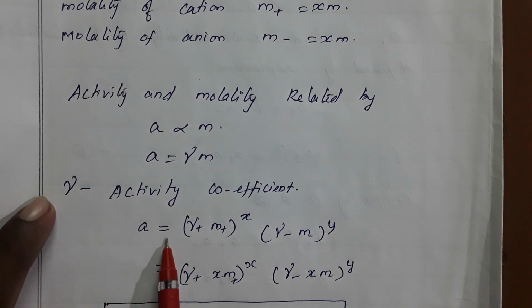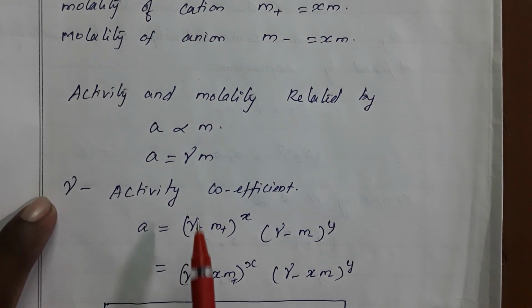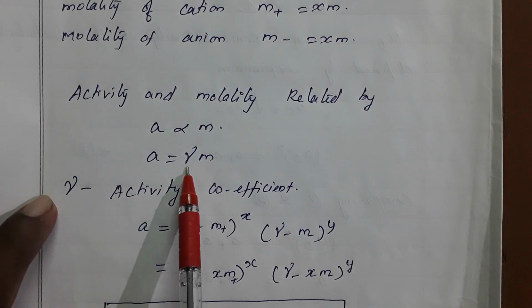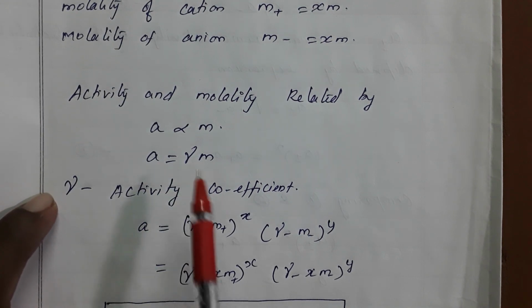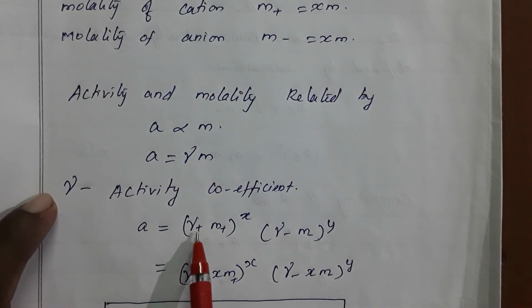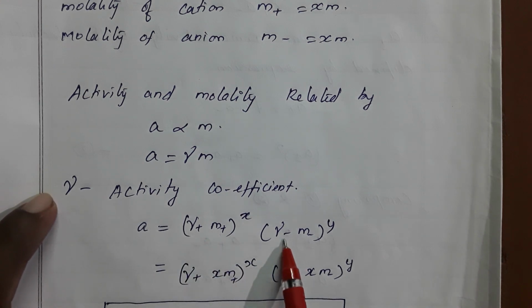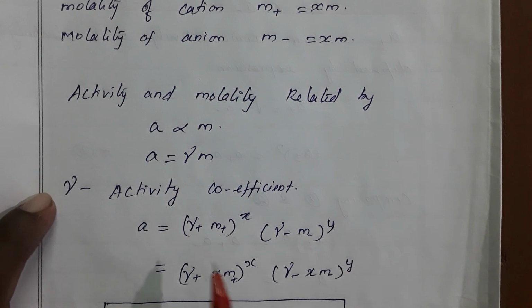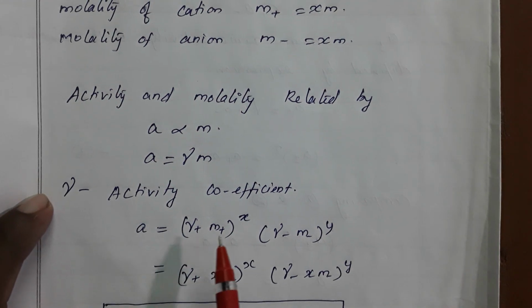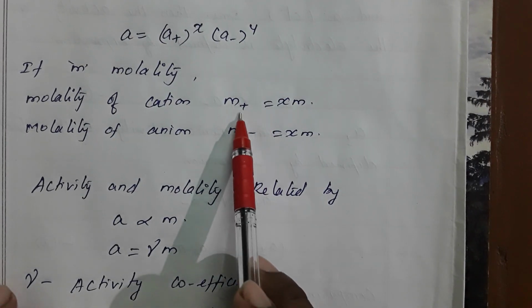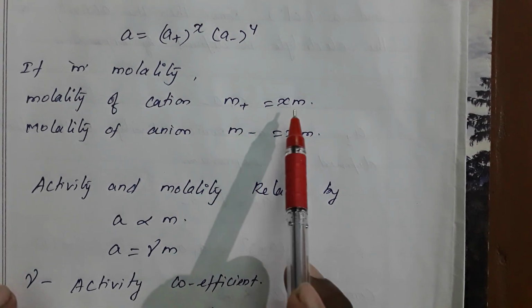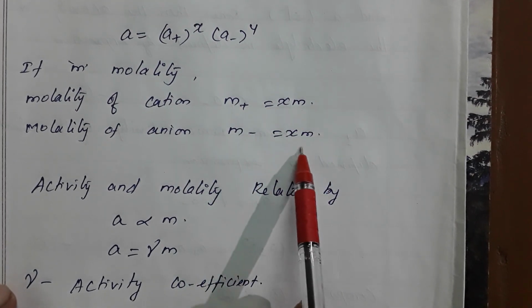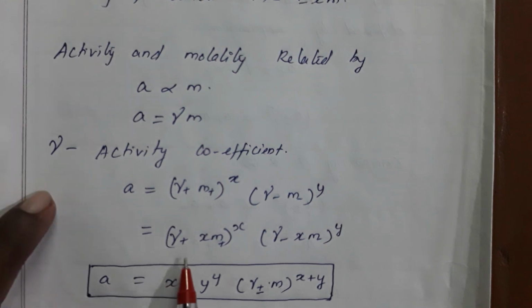Now substitute a equal to activity coefficient times molality. So a is equal to the activity coefficient times the molality of the cation to the power x, times that of the anion to the power y. We know that m plus is equal to x m and m minus is equal to y m.